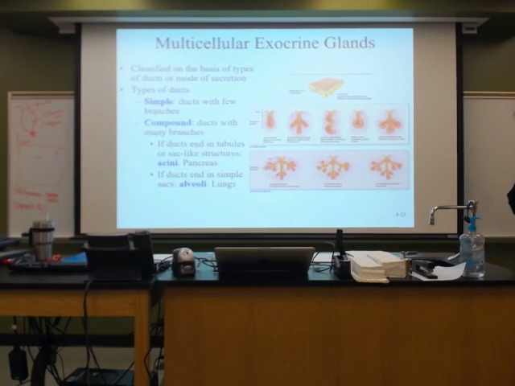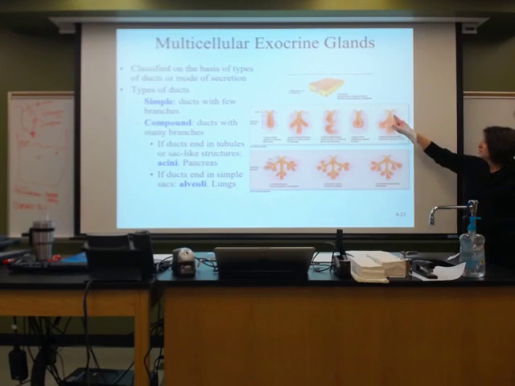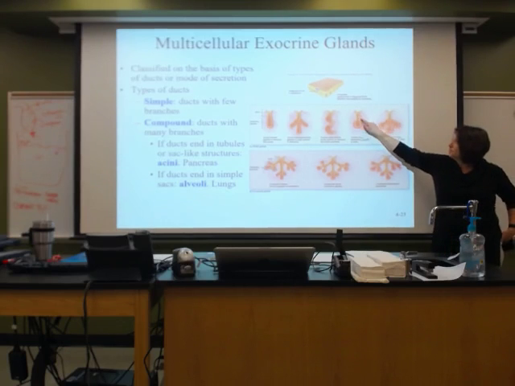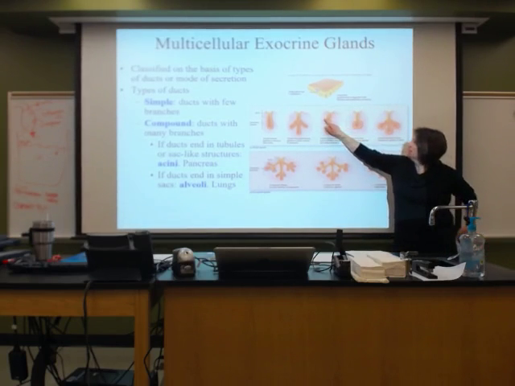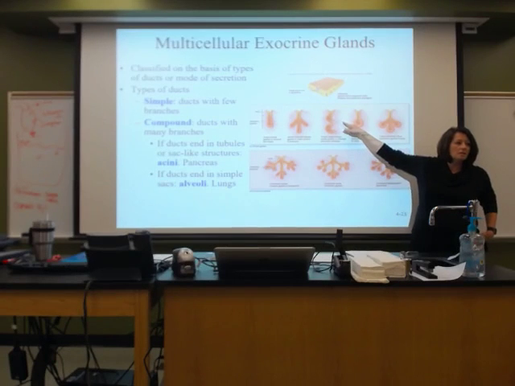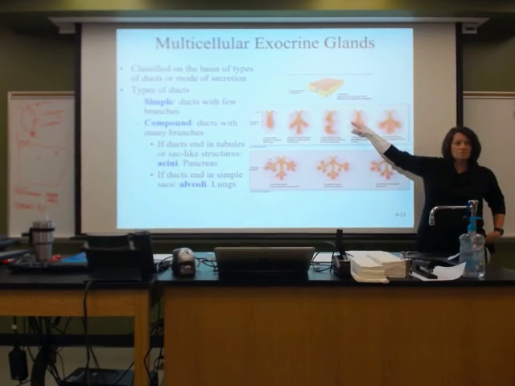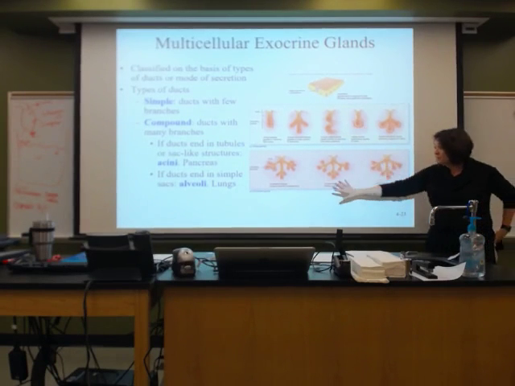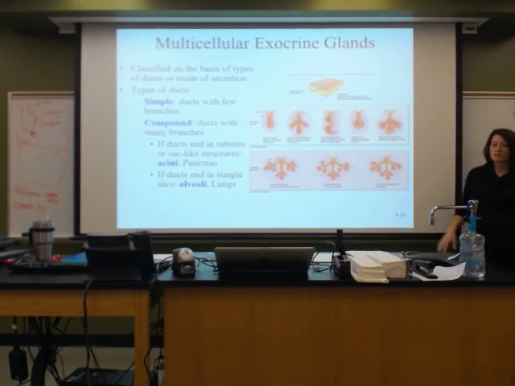Few branches. There you go. And if you look at the picture, we don't have a whole bunch of branches that are present. They're multi-celled because they're trying to show you all of the cells that are present making up that duct. Does that make sense? Now, down here, compound.